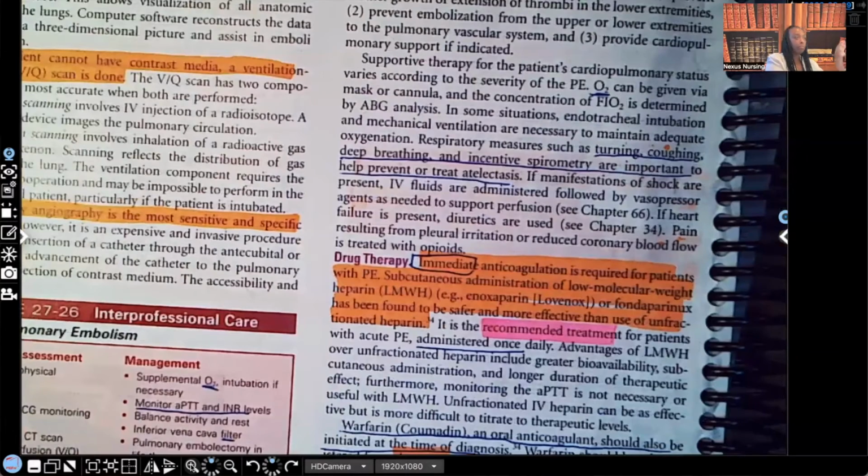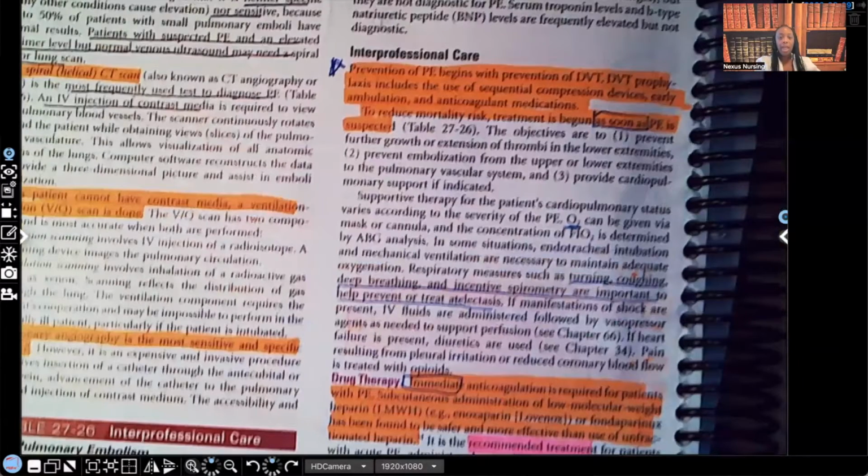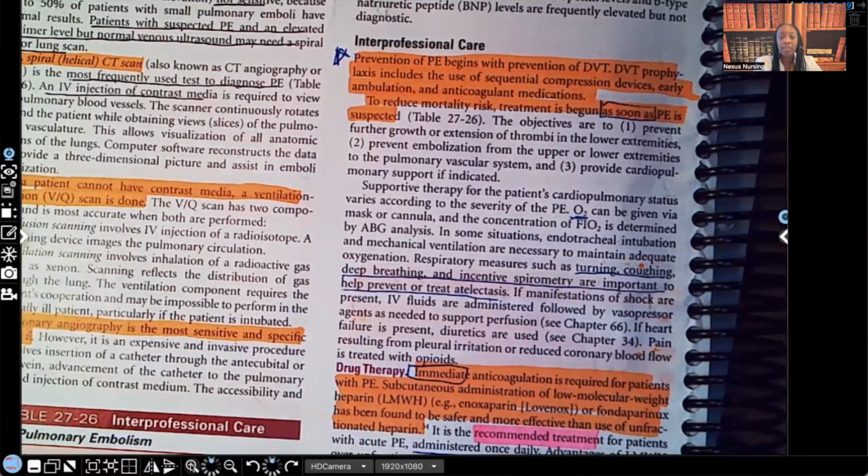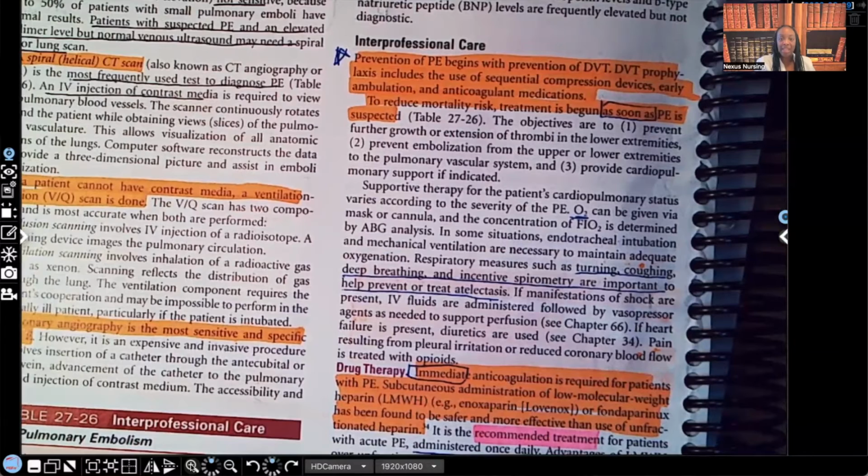Interprofessional care. I put a star next to this one because remember, we always rather prevent than treat. So prevention of pulmonary embolism begins with prevention of a DVT, because usually what happens is the patient has that deep vein thrombosis, right? It breaks off and it lodges itself in the lungs. So we want to prevent the patient from having a DVT.